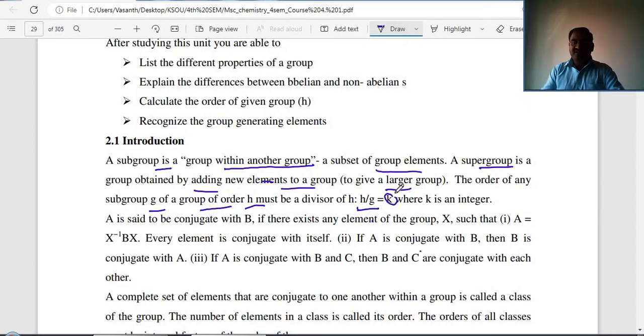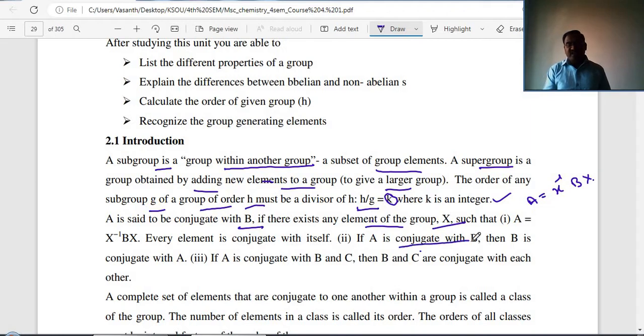A is said to be conjugate with B if there exists any element X of the group such that A is equal to X inverse B X. Every element is conjugate with itself.